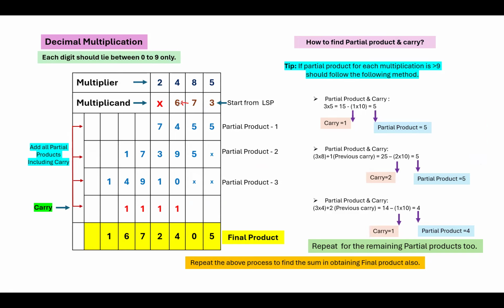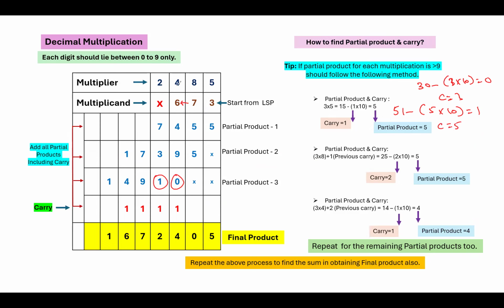Now we multiply with the 6. 6 5s are 30. 30 minus 3 into 10 is equal to 0. Therefore 0, carry equal to 3. Now 6 into 8, 48 plus 3, 51. 51 minus 5 into 10 is equal to 1. Therefore 1, carry equal to 5.